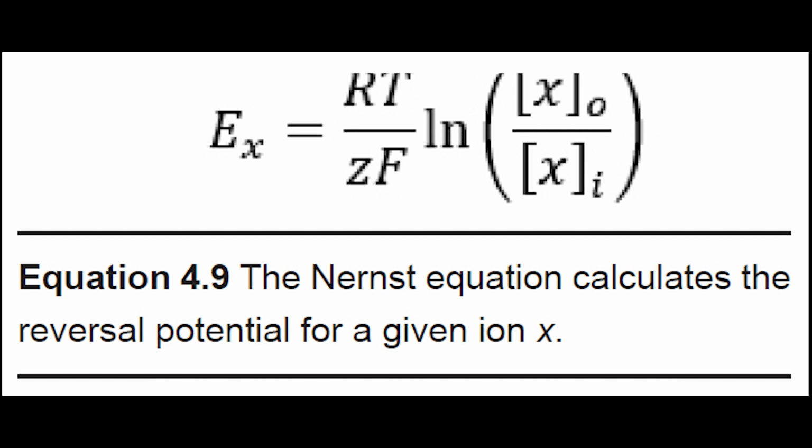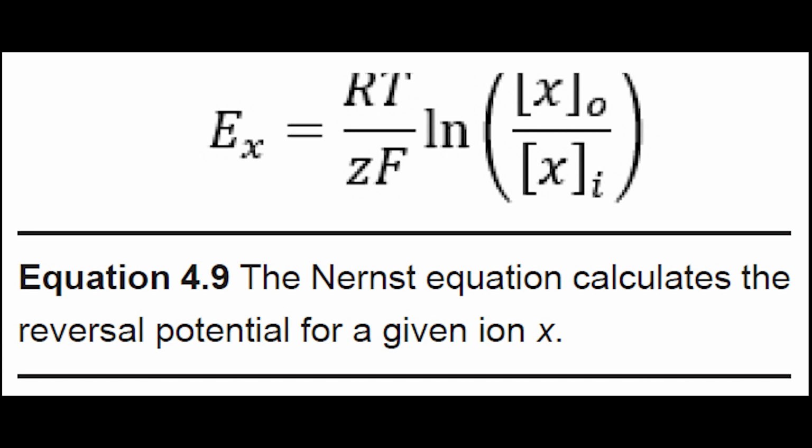Ex is the equilibrium potential. As a potential, it has units in volts, usually measured in millivolts. When the cell's membrane potential is exactly at this Ex, the ion is at equilibrium. Ion movement into the cell is matched by ion movement out of the cell.